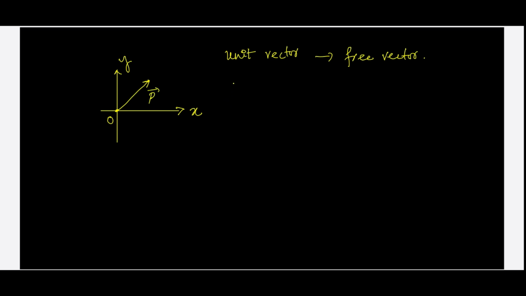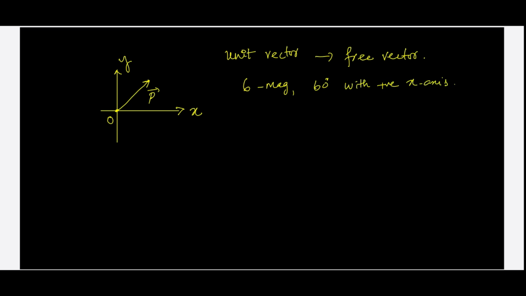If you say P is a position vector which is 6 units in magnitude and making 60 degrees with positive x-axis, that is not enough.